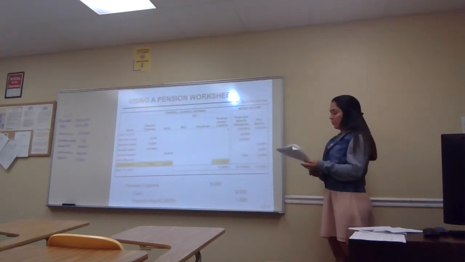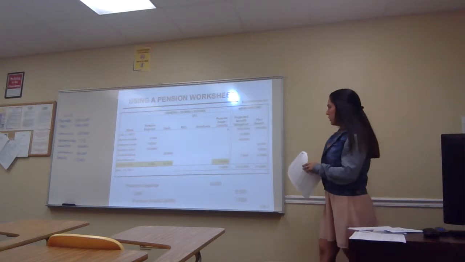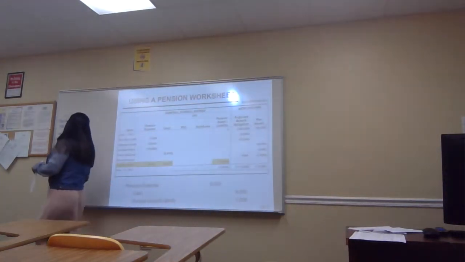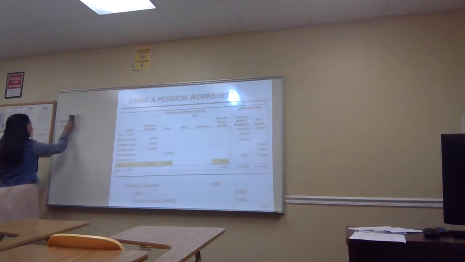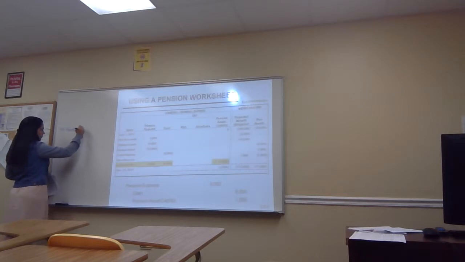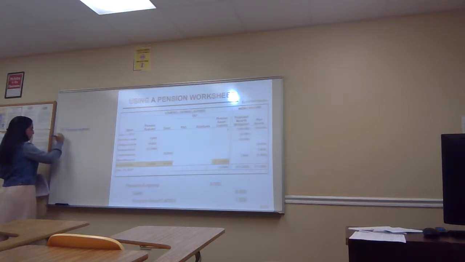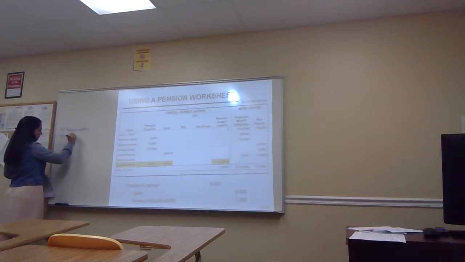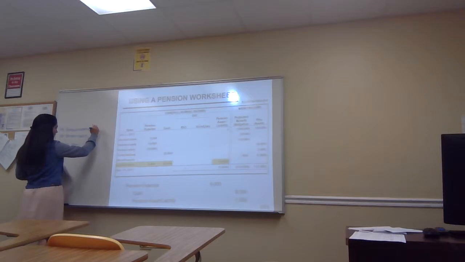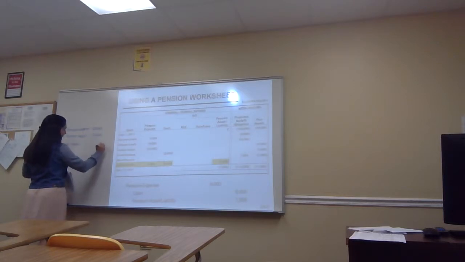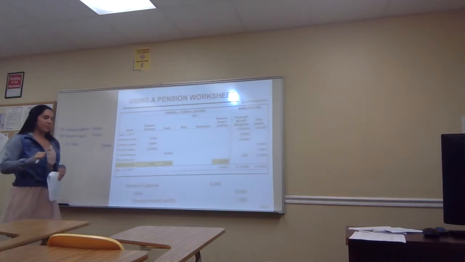So your journal entry should be a debit to pension expense for 28,500. That should be your journal entry.